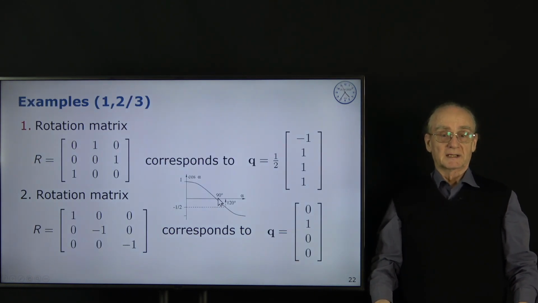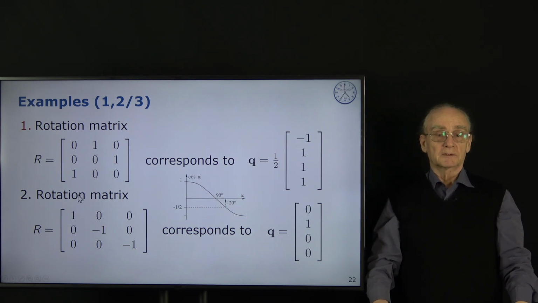Let's look at some examples. You remember this rotation matrix with the 1s on these places. And this rotation corresponds to the quaternion one half of (-1, 1, 1, 1).